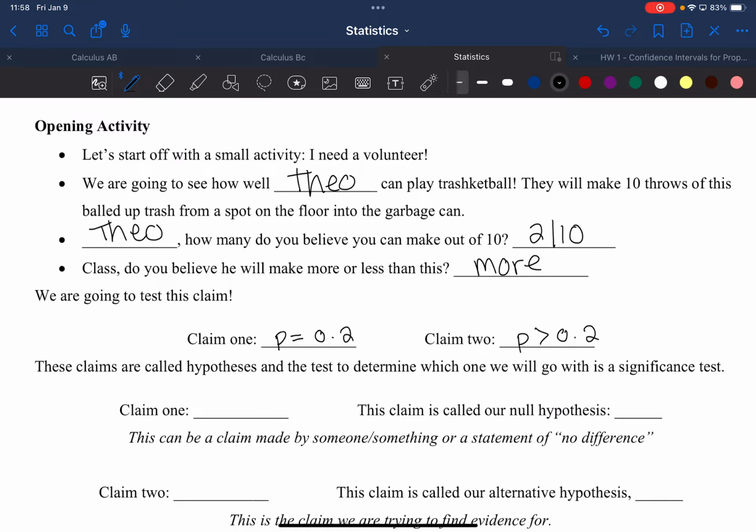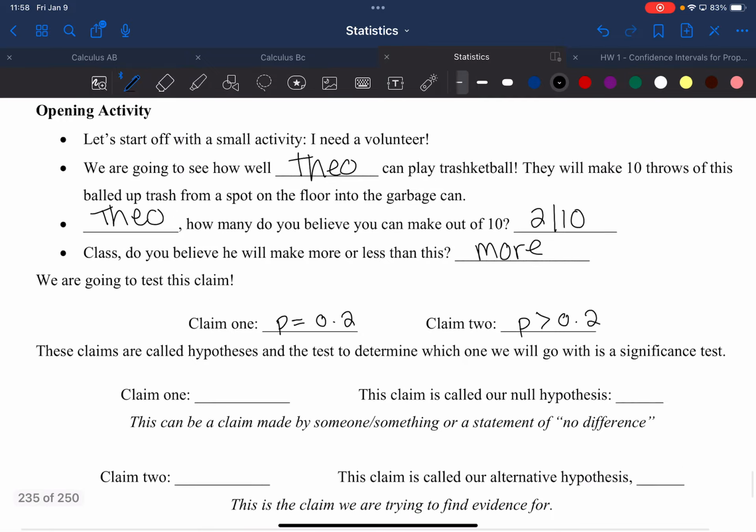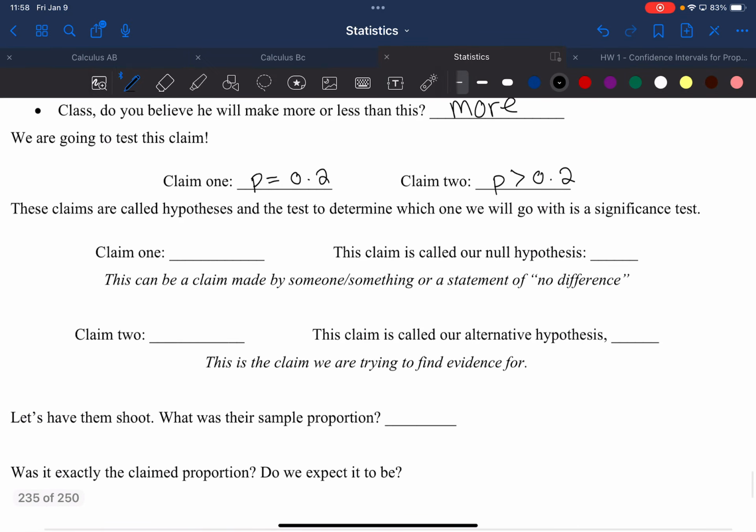These claims are called hypotheses, and the test to determine which one we will go with is called a significance test. So the first claim that Theo made, that P is equal to 0.2, is called the null hypothesis, and we write that as H naught, like H sub 0.